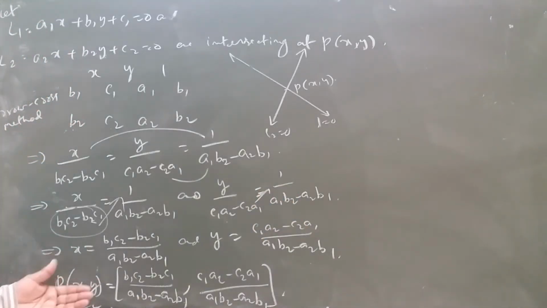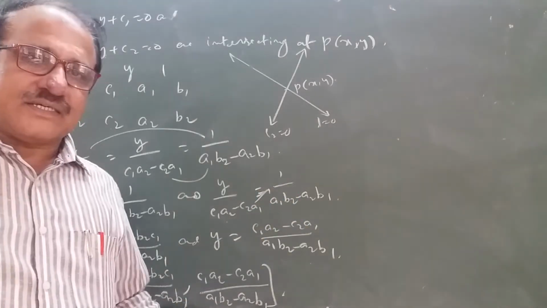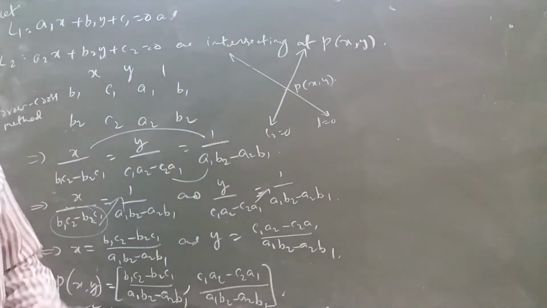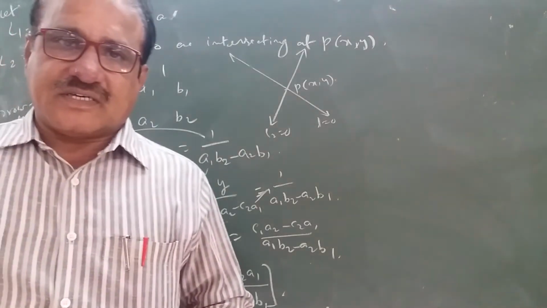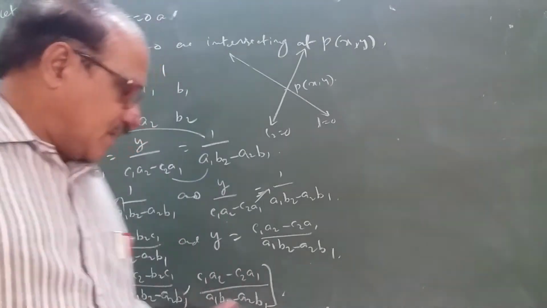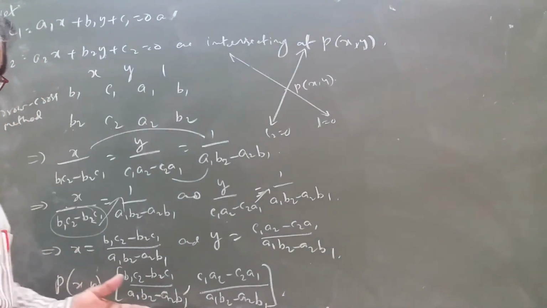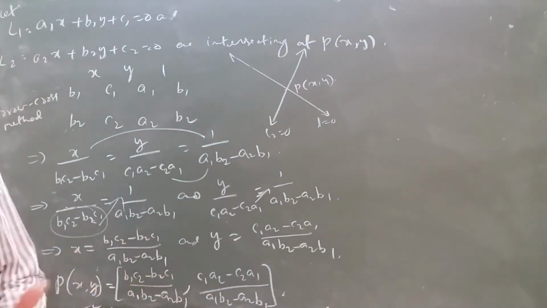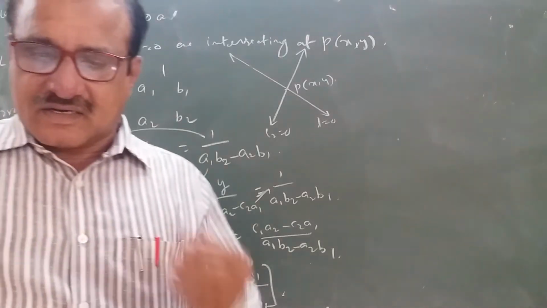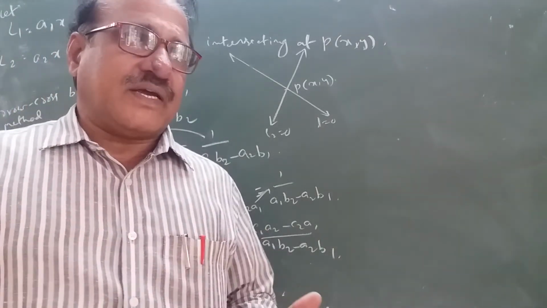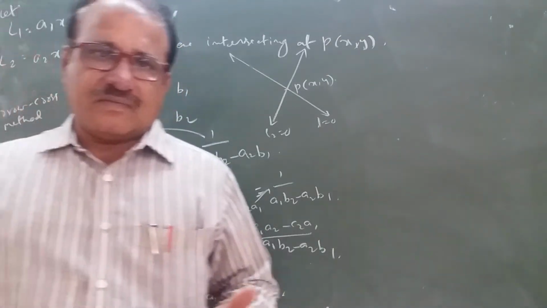By utilizing this formula, we can find the point of intersection directly by substituting the values of a1, b1, c1 and a2, b2, c2. This is the first one. Or we are well known about the elimination method.